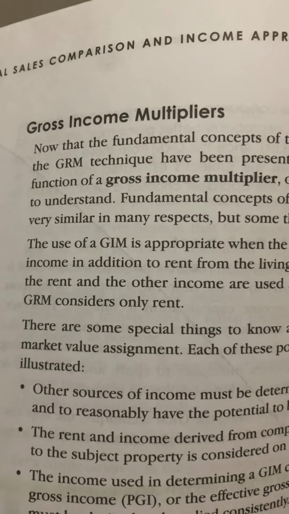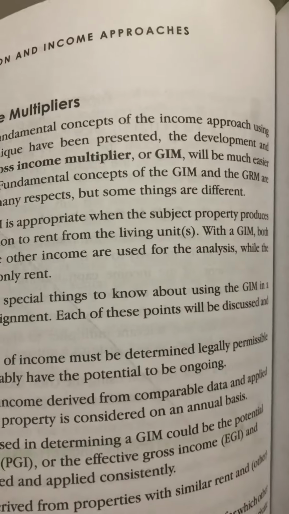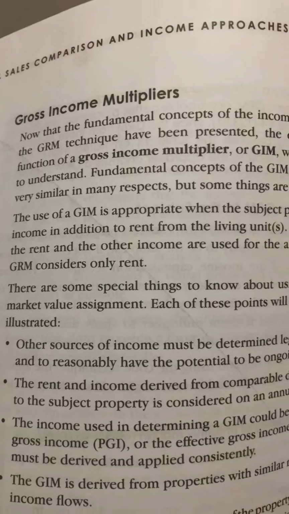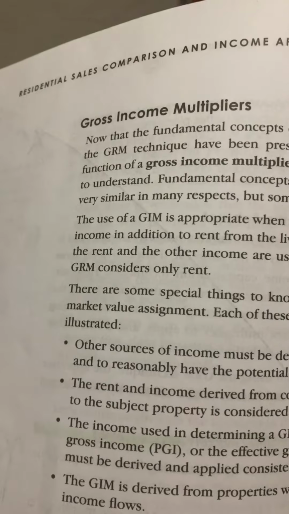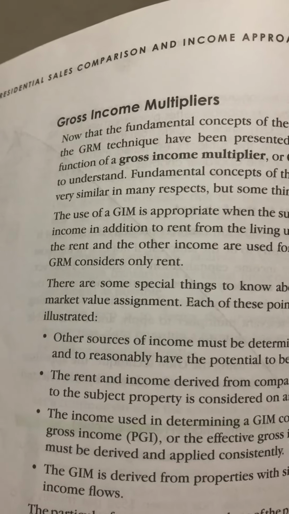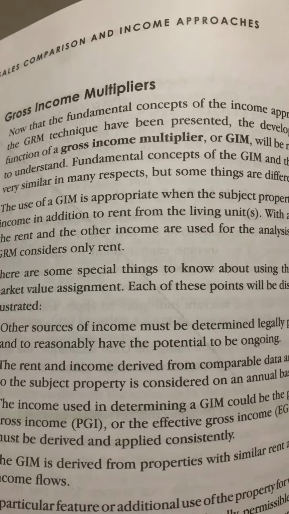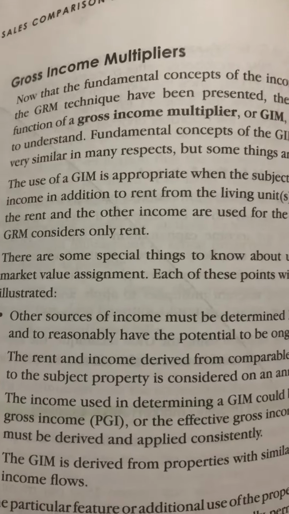Gross income multipliers. Now that the fundamental concepts of the income approach using the GRM technique have been presented, the development and function of a gross income multiplier, or GIM, will be much easier to understand.